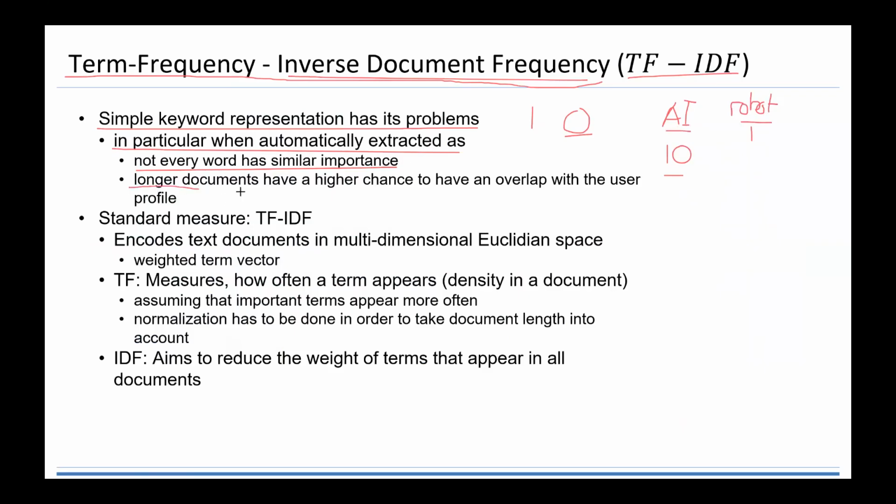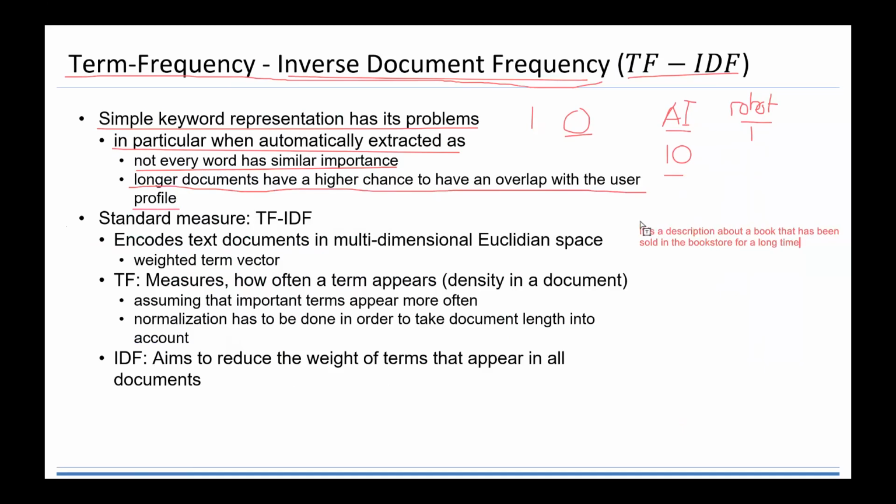The other thing is that longer documents have a higher chance of overlapping with the user profile. If it is a very long text, maybe it is a description about a book that has been sold in the bookstore for a long time.